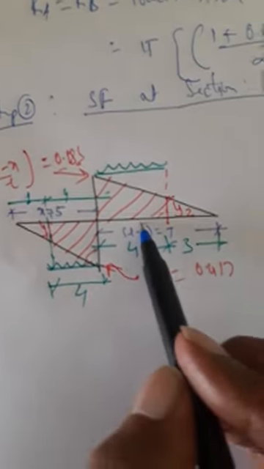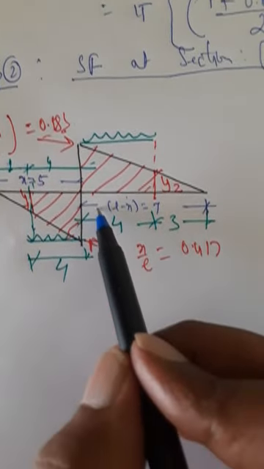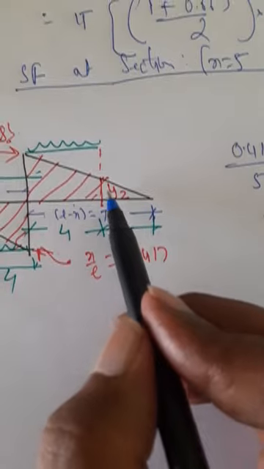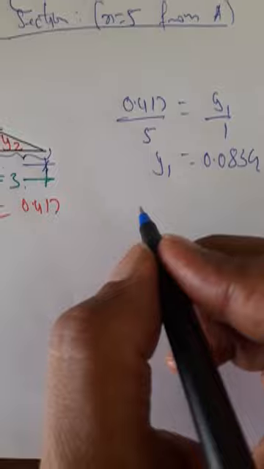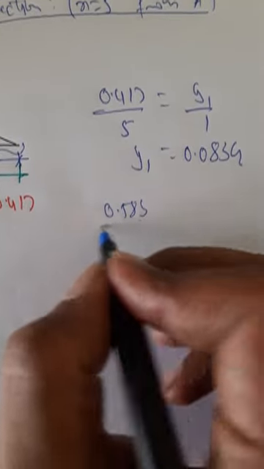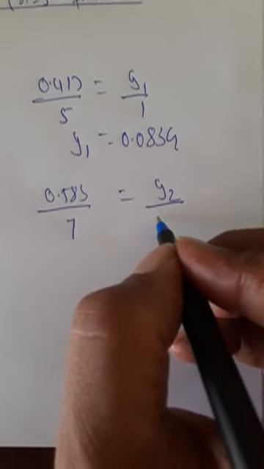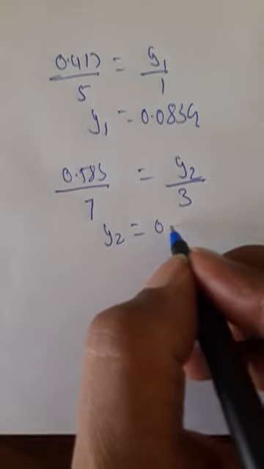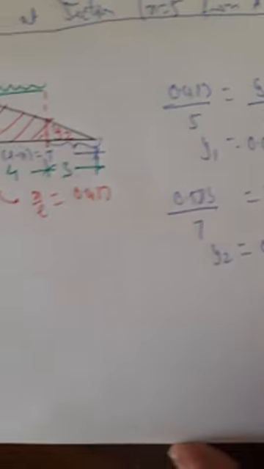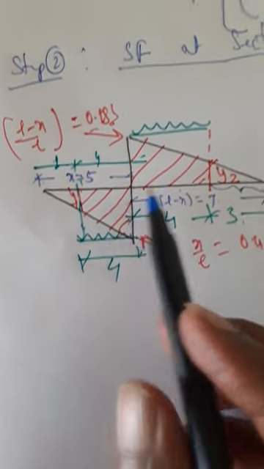Similarly here, this value is 0.583. 0.583 divided by 7 is equal to y2 divided by this dimension, that is 3, or I get the value y2 is equal to 0.25. Now this area into load is negative shear force and this is positive shear force.